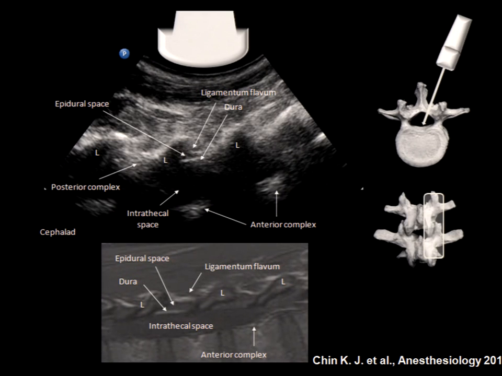And now what you can do for a spinal or for an epidural, you can go in directly. What I do usually to do an epidural in special cases, I do not go in directly. I mark the skin and I measure the distance.